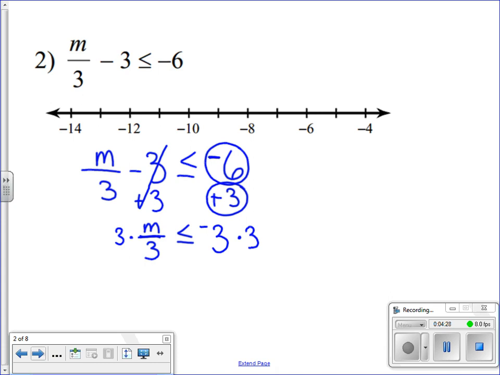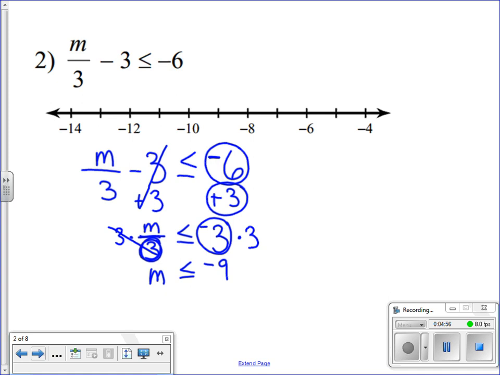I am not multiplying or dividing by a negative number, so that just cancels out. m, sign stays the same, is going to be equal to negative 9. Remember, this negative here does not have anything to do with my multiplying by a negative number. It has to do with the one here that I'm getting rid of from my side with my variable. So m is less than or equal to negative 9.